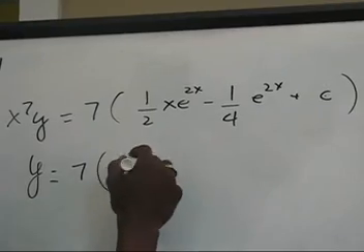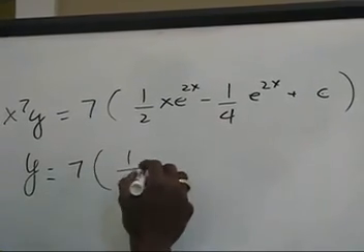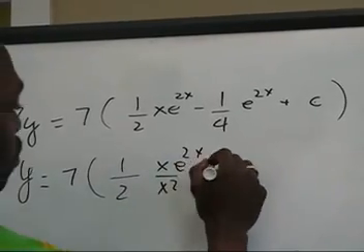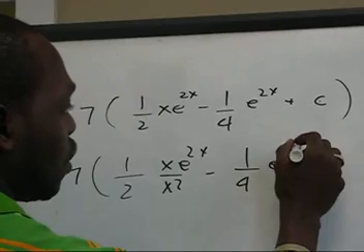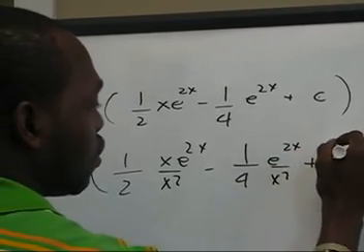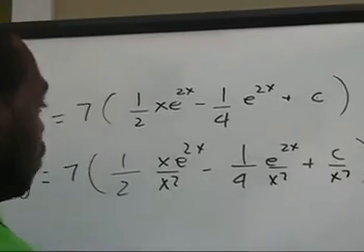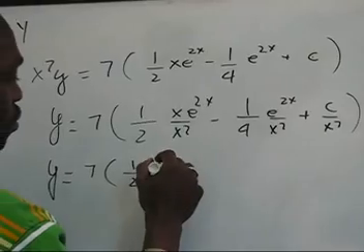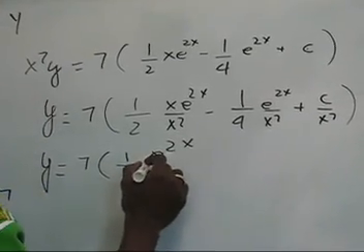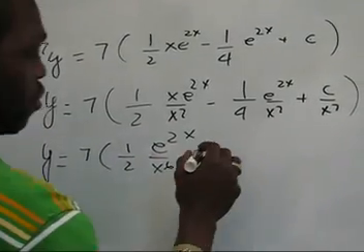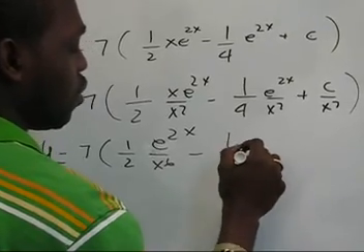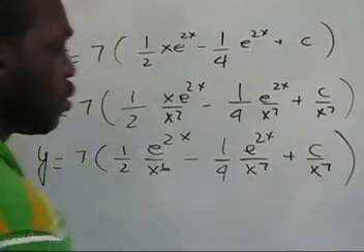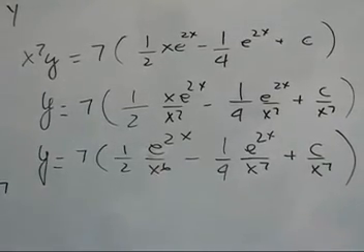So it would be 1/2 e to the 2x over x to the 6, minus 1/4 e to the 2x over x to the 7, plus c over x to the 7, right? That's what we have for y.